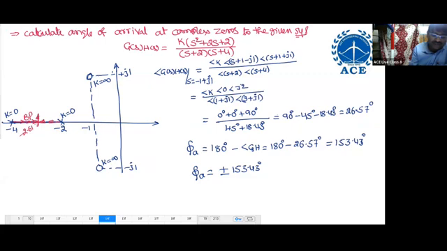Then it leaves the real axis, moves towards the zero and arrives at the pole with the angle of plus 153. This is also same, arrives with the angle of minus 153.